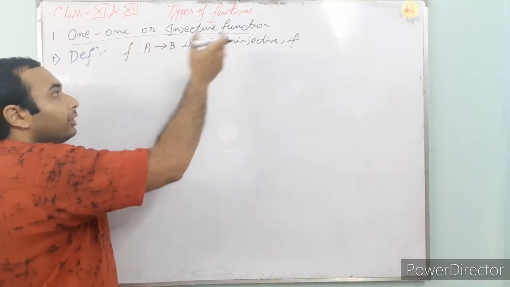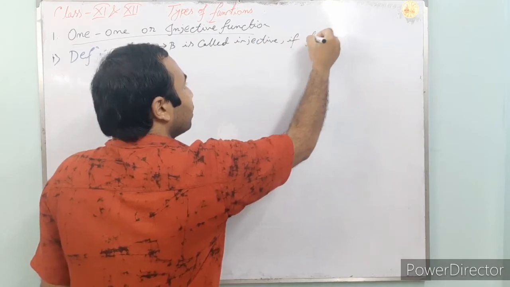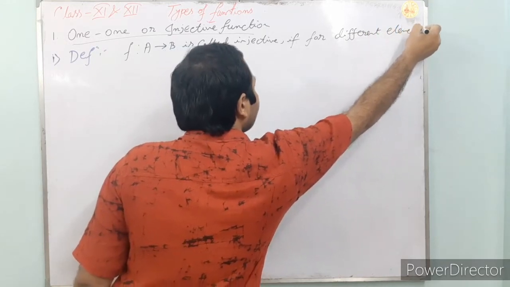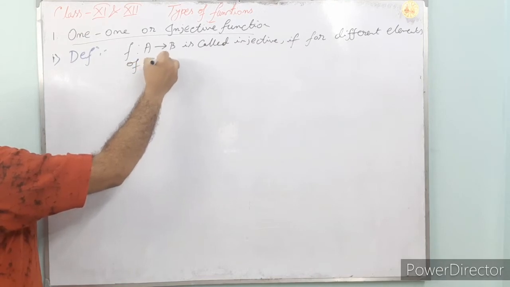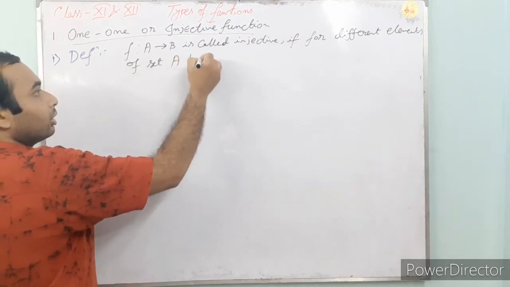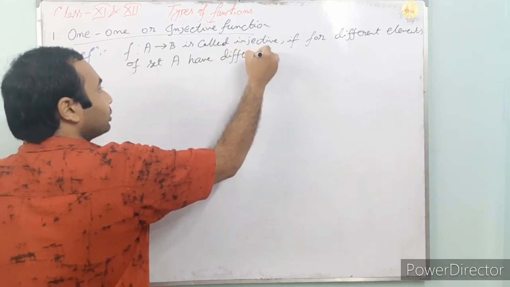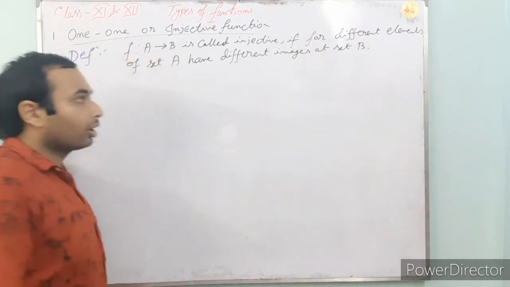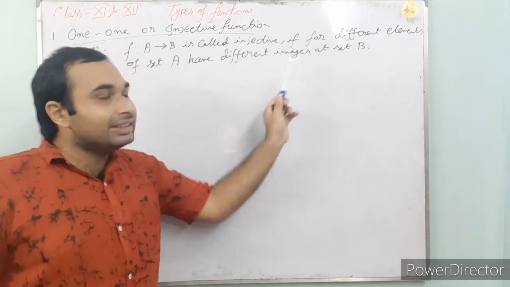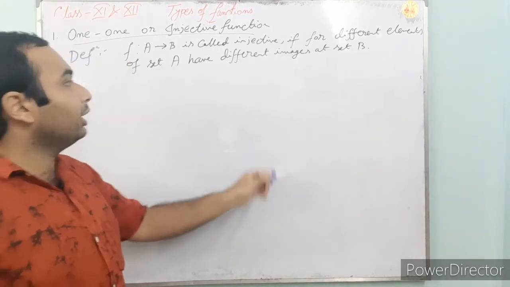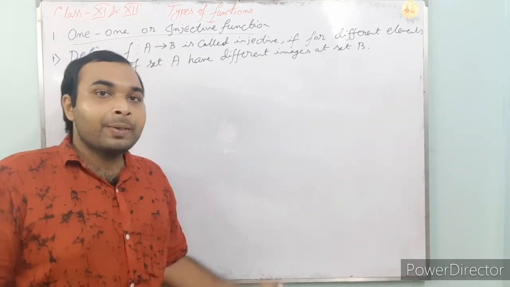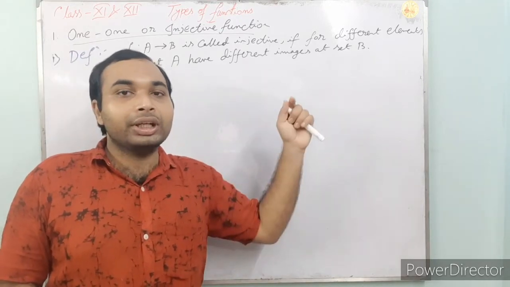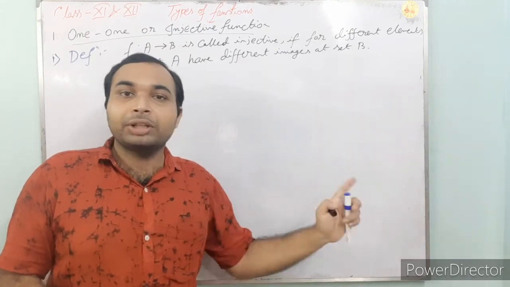A function from A to B is called injective if different elements of set A have different images in set B. That means no two elements of set A will associate with a single element of set B.